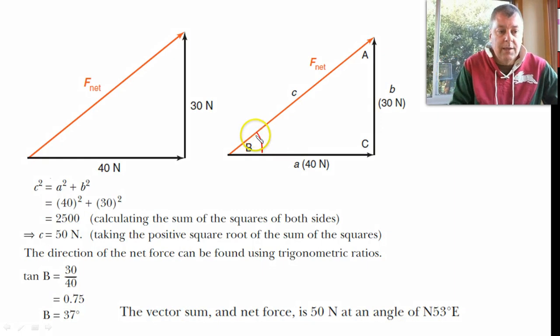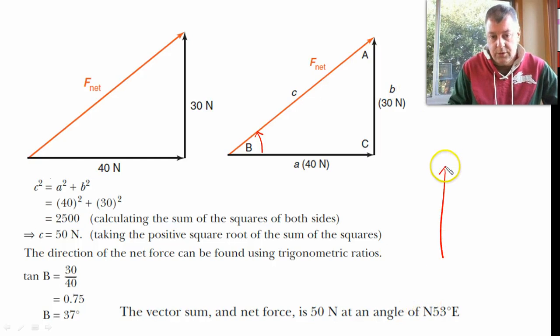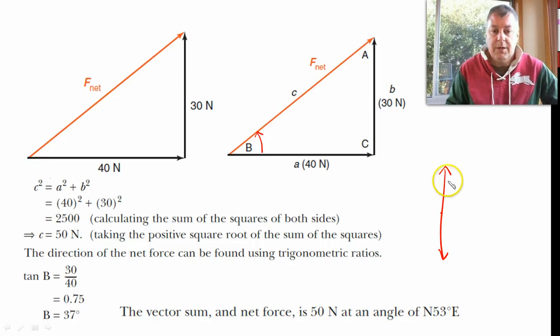this angle here. Now, when we give a bearing, if that's north and that's south, what we usually do to give a bearing, let's say in this case we're trying to describe this force here, so let's draw that out there, and let's change colours again.